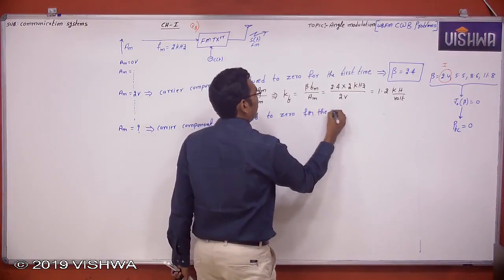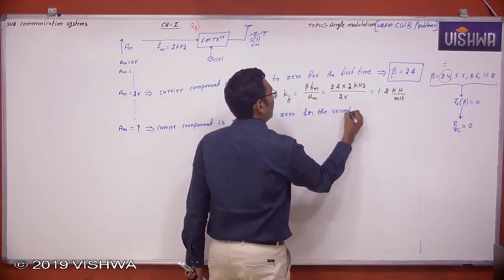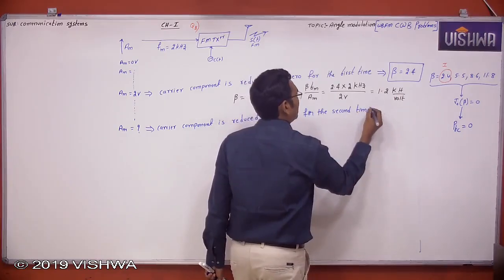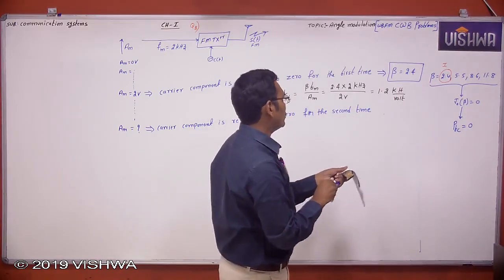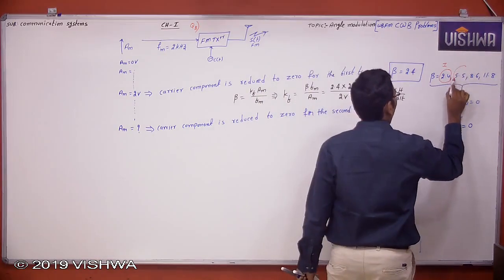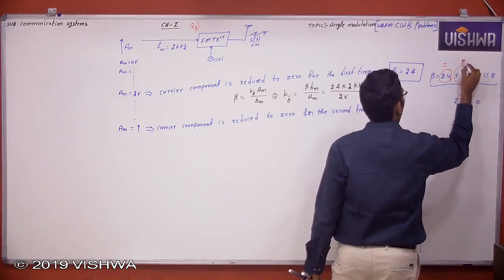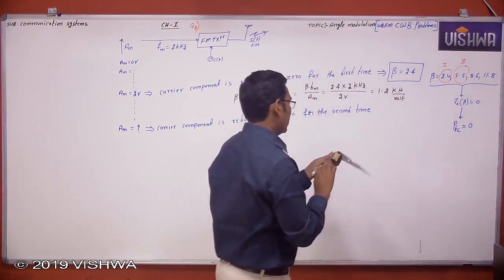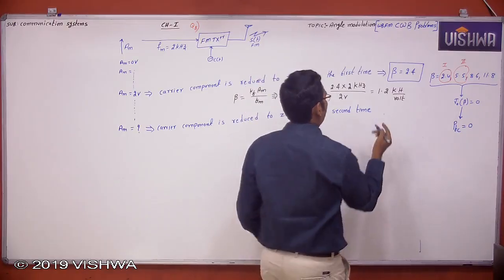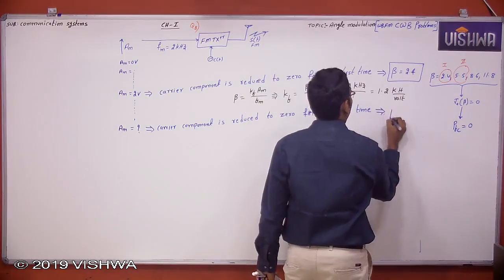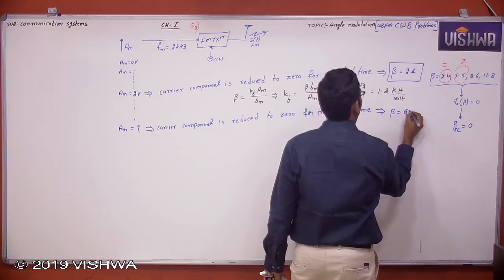The carrier component reduces to 0 for the second time when beta equals 5.5, which means that beta is equal to 5.5.